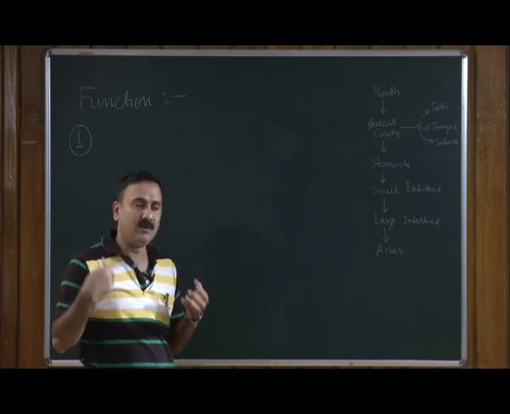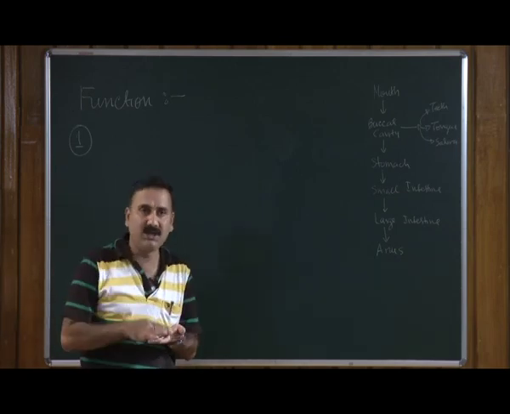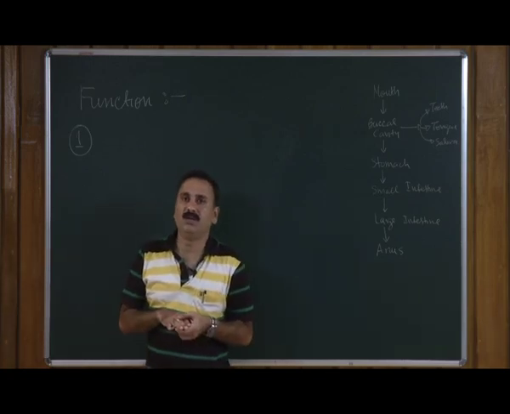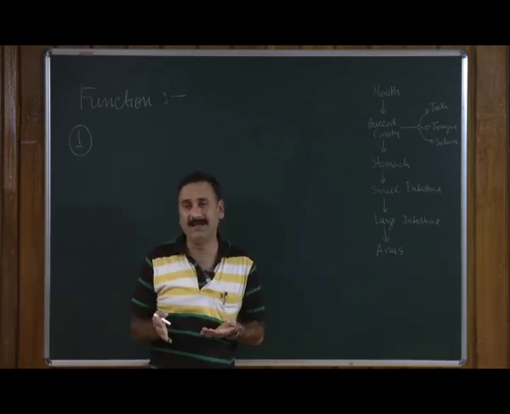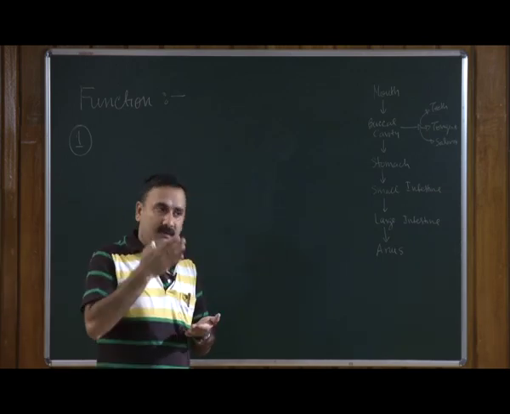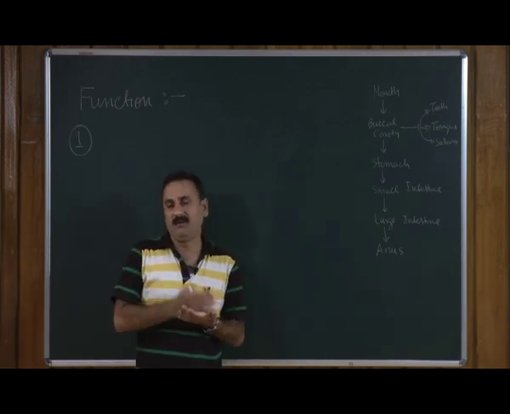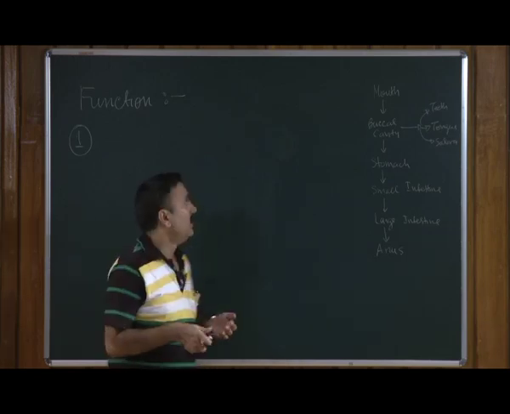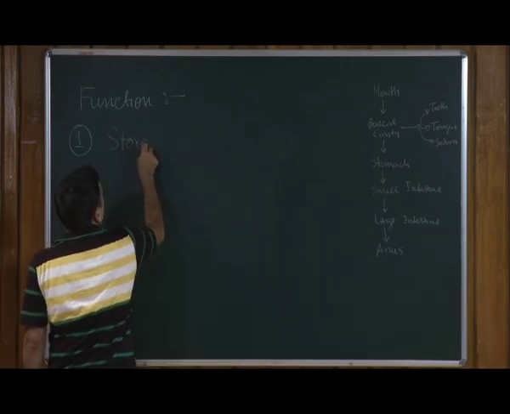When we eat, the food goes through the esophagus and eventually is stored in the stomach for a very long time until digestion is complete. The storage differs for different types of food material, but the primary function is that it stores the food material.